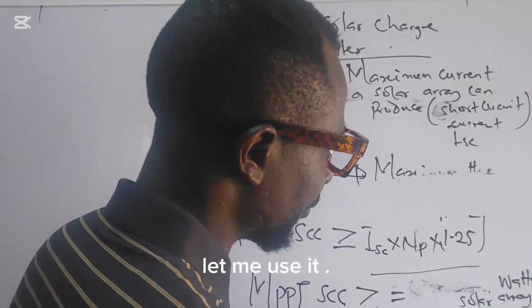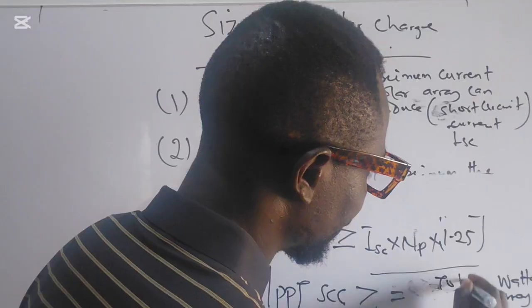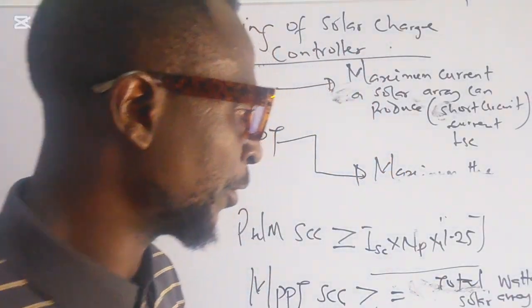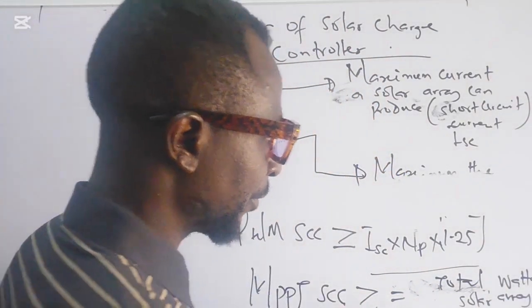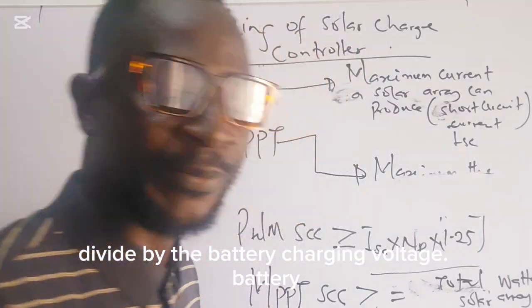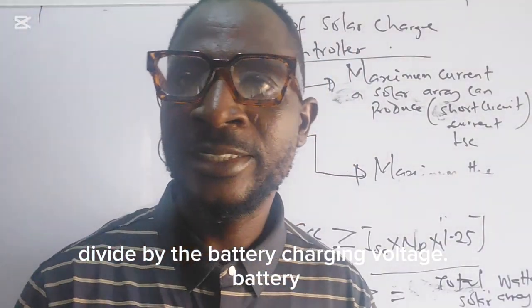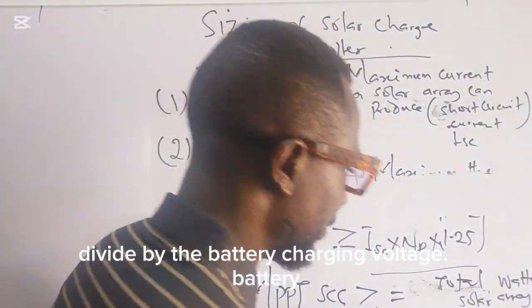Let me use total wattage of your solar array divided by the battery charging voltage.